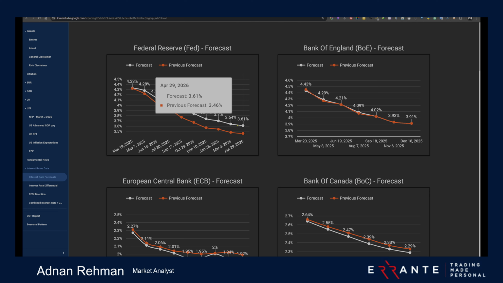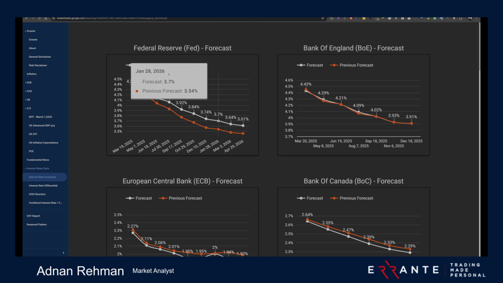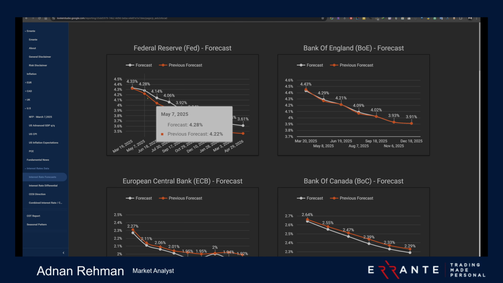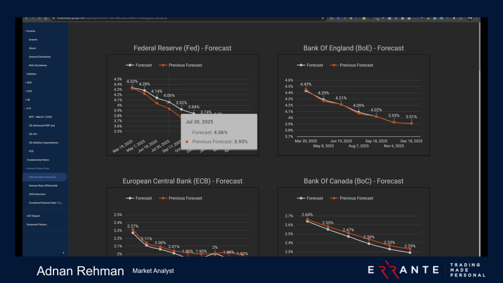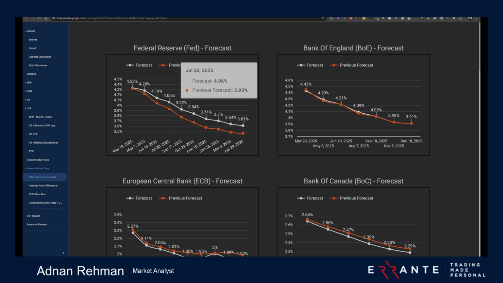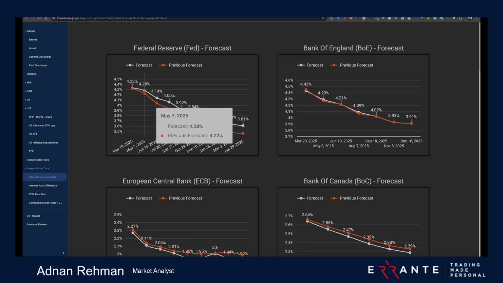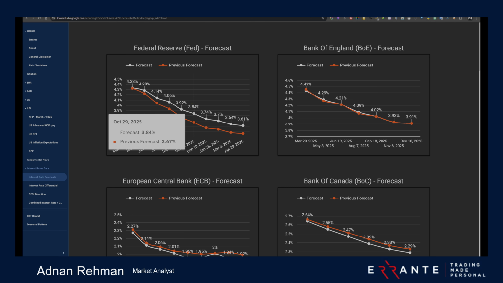This is a variable value. So it's going down. The previous forecast is the red one, and the latest forecast has been revised towards the upside. Look at this one: the previous forecast is down in red, and the current forecast is revised upward.